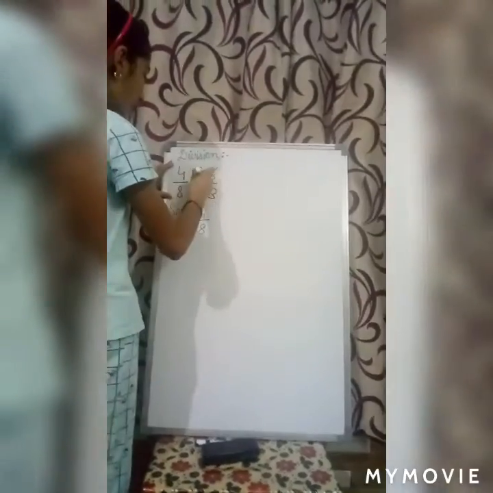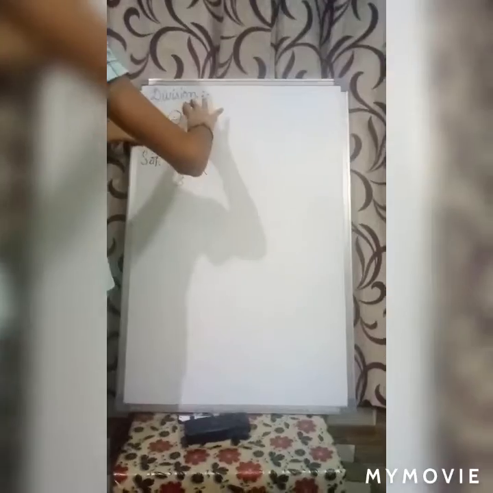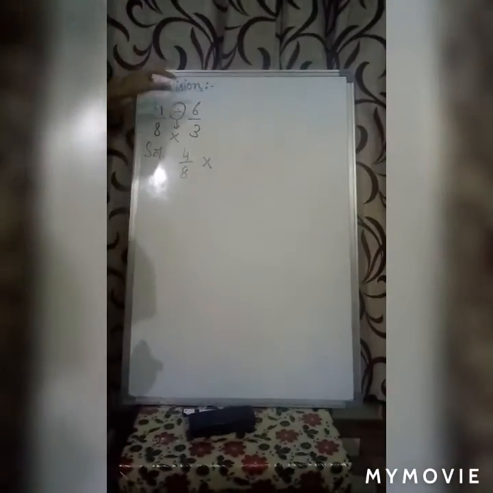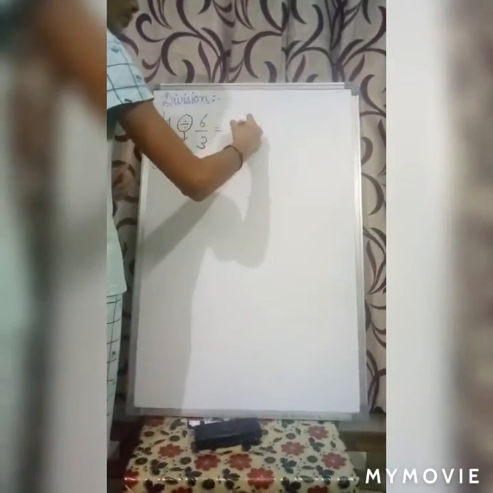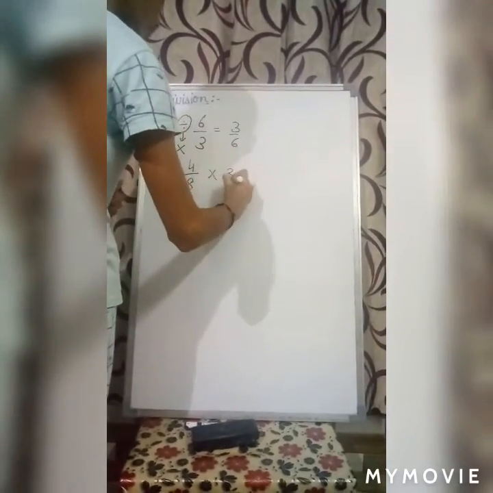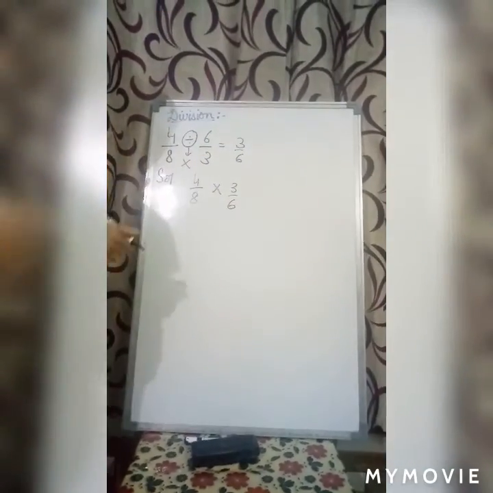Then the division sign would become a multiplication sign, and the second fraction we'll reciprocate. It's 6 upon 3, so it would become 3 upon 6. We'll always reciprocate the second fraction in the division question, not the first fraction.